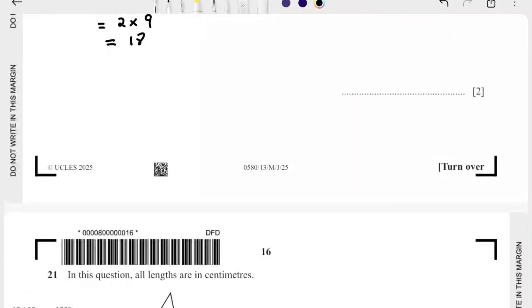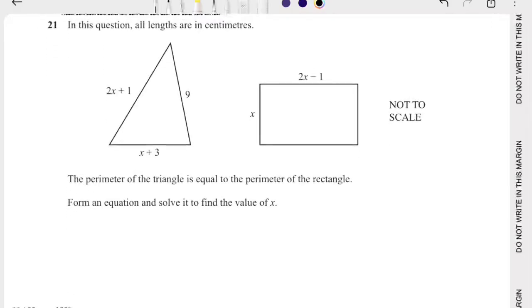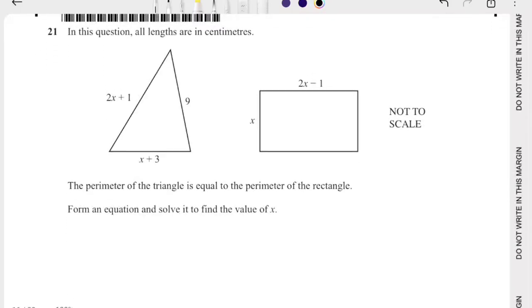Next question. In the question, all lengths are in centimeters. The perimeter of a triangle is equal to the perimeter of a rectangle. Form an equation and solve it to find the value of x. To find the perimeter of a triangle, we need to add all three sides.